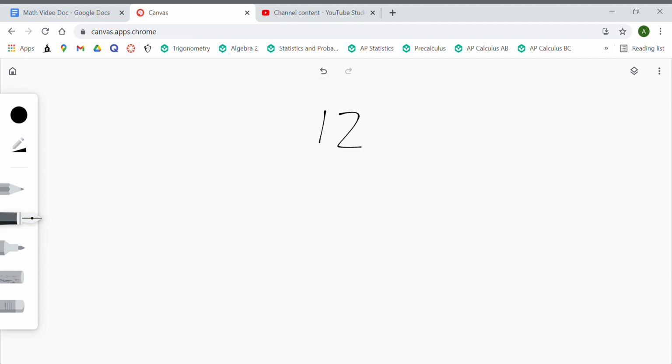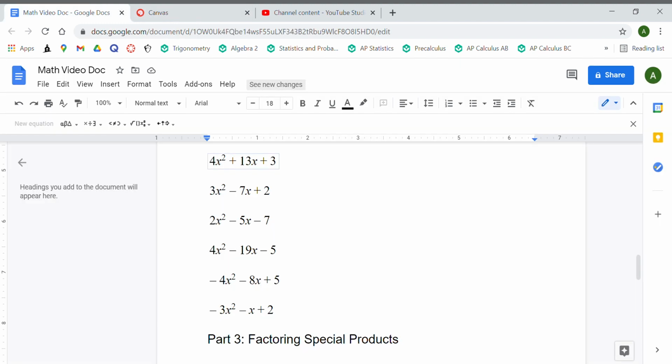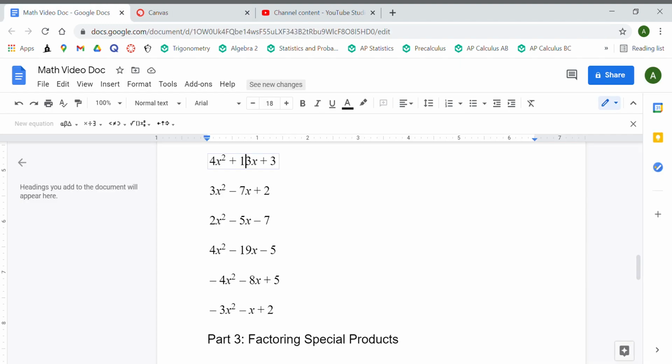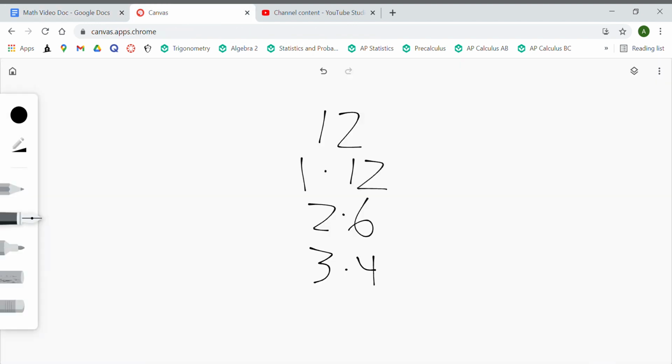So we're going to look for the factors of 12. 1 and 12, 2 and 6, 3 and 4. And look, we need the factors that add up to 13 because we're still adding up to the b value. And b is positive. All right, so we're going to use 1 and 12.